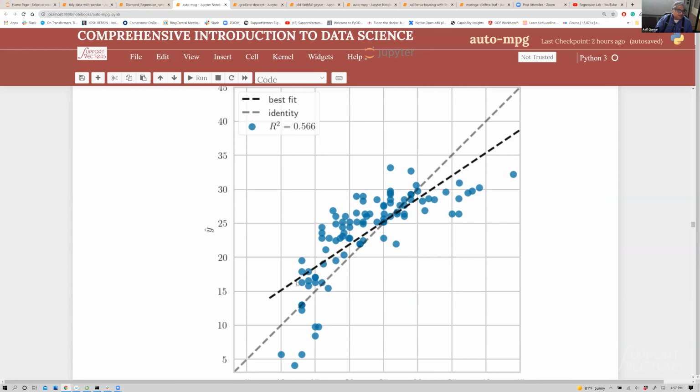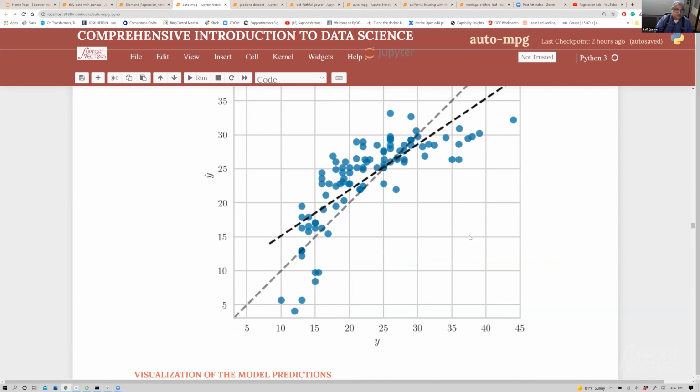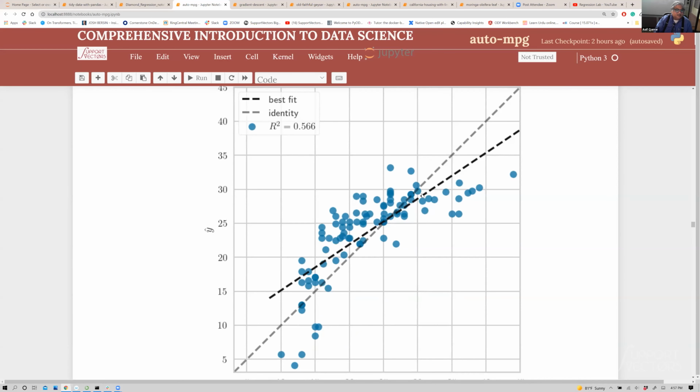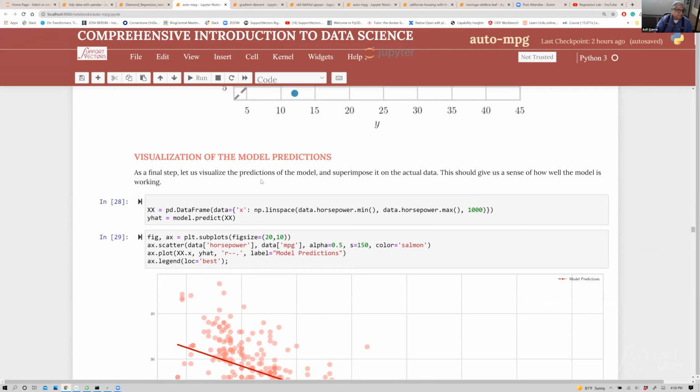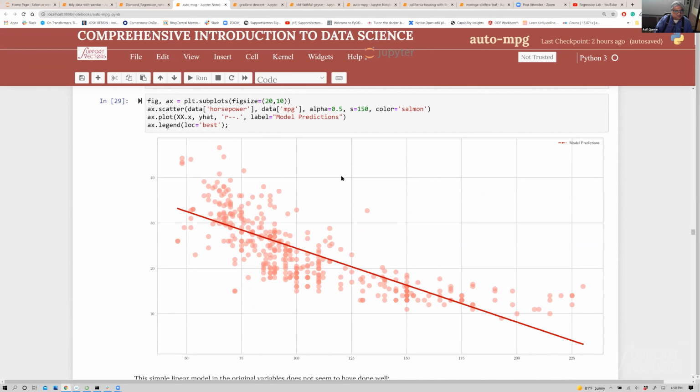In the lower part, y hat is an overestimation, and in the right-hand part, after a little bit, it is an underestimation. So you see systematic bias here. When you visualize the model's prediction, you can see it distinctly.